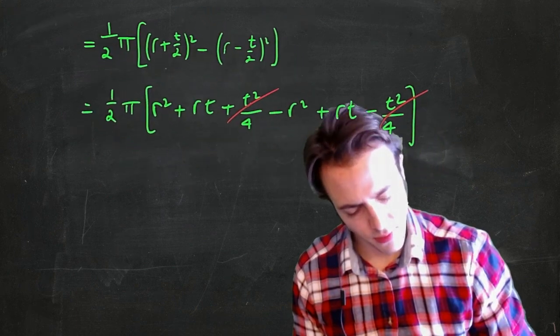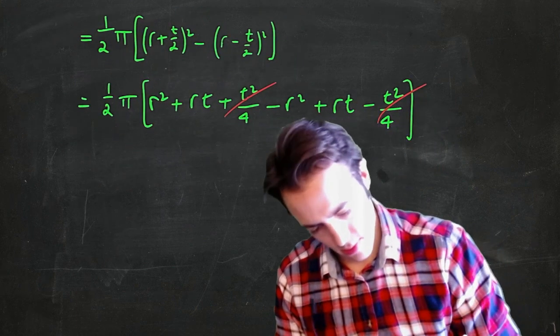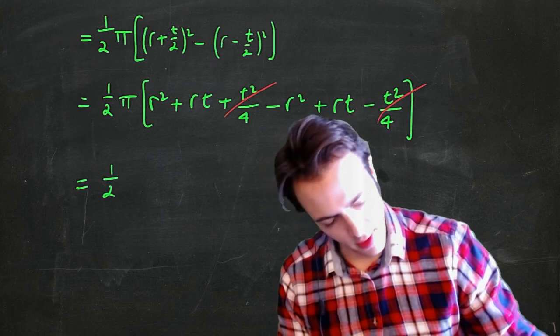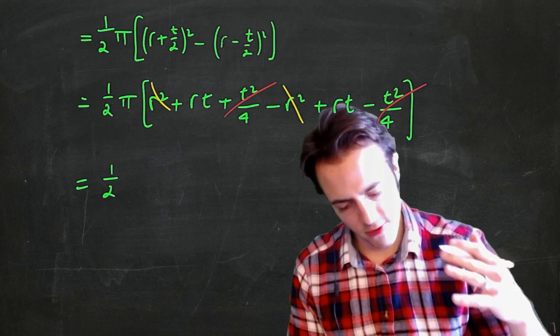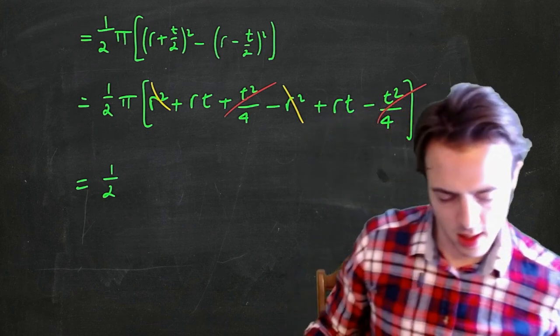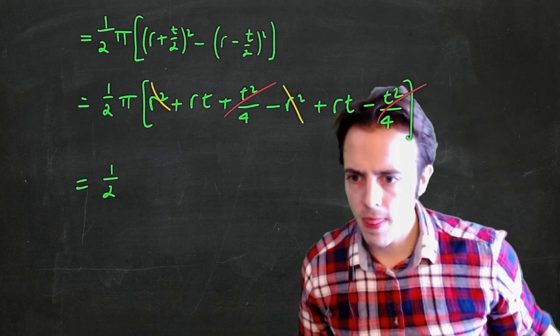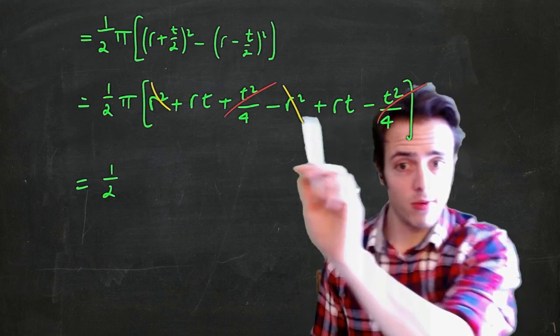So what we end up with here, and also these r squared terms cancel, is half pi multiplied by rt plus rt, so we've got 2rt in here.